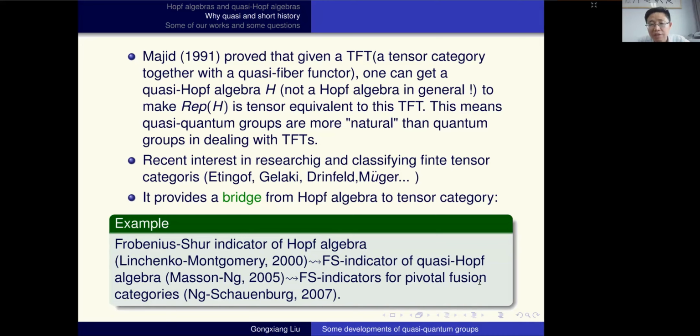For a pivotal finite tensor category, you can always define the Frobenius-Schur indicator. So it was established by Richard Ng and Peter Schauenburg in 2007. Okay, that's just one example. You can find other examples. They tell us that quasi-Hopf algebras really provide a bridge from Hopf algebras to tensor categories. From this point you can think maybe quasi-Hopf is sometimes useful. Okay, it should be useful.